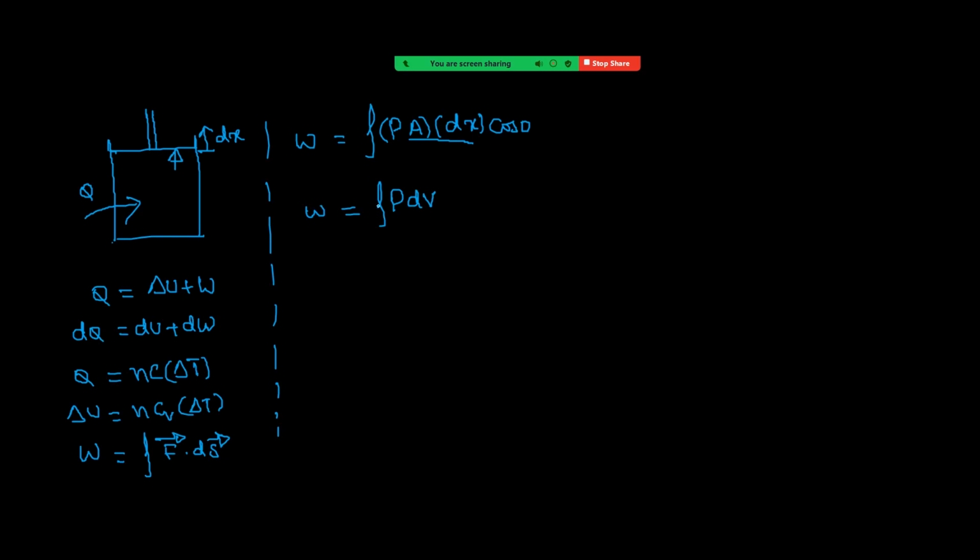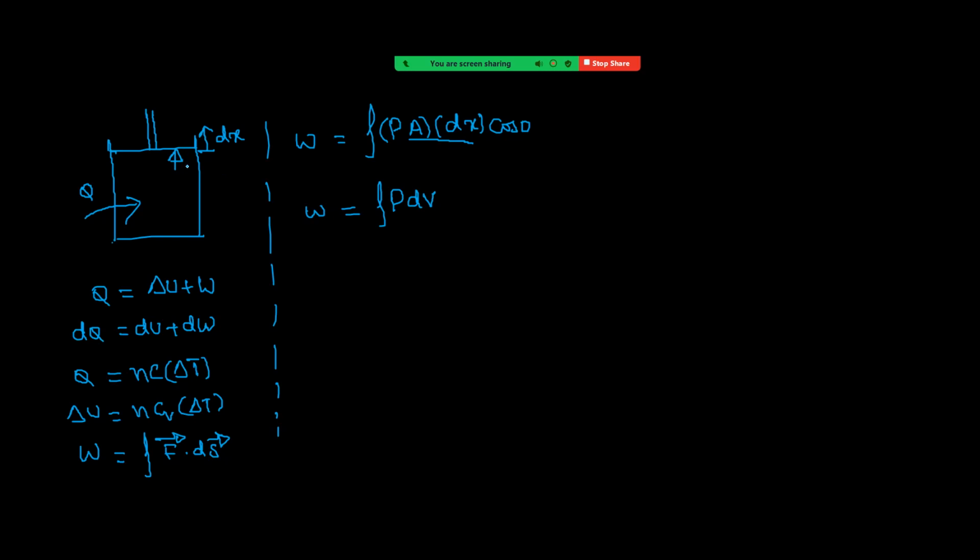And this will be positive if the gas is expanding. You can see here we have taken cos 0 because the force by the gas is outwards and the displacement is also outwards, meaning expansion. So cos 0, work done by the system is positive.